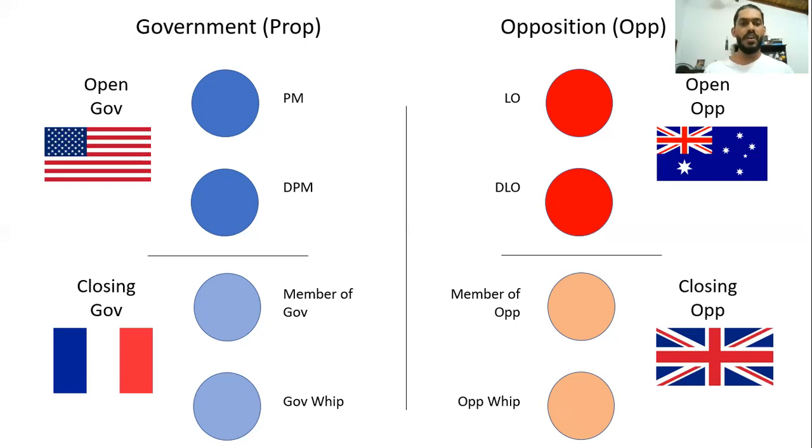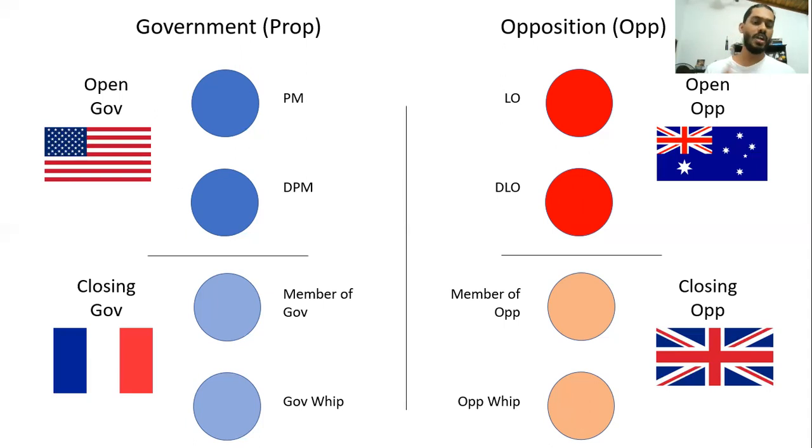So if you are going as a closing government or closing opposition, a really important point: you can't rebut something that was mentioned by your own team. If you are going as a closing government, even if the opening government has brought in a really stupid argument, you should not talk about that argument in a negative way.